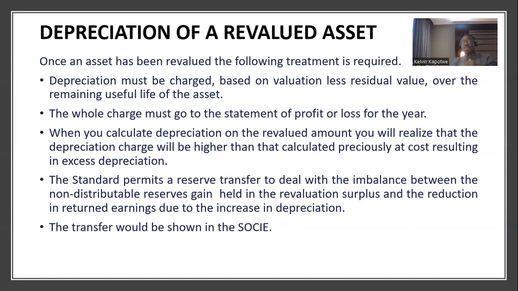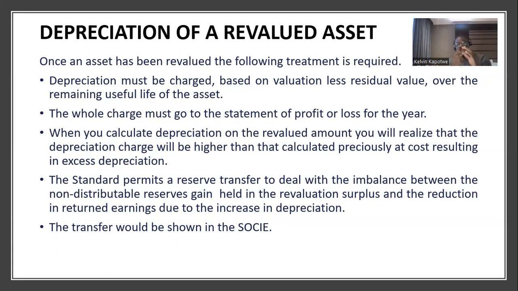As such, the standard permits a reserve transfer to deal with the imbalance between the non-distributable reserve gain held in the revaluation surplus and the reduction in retained earnings due to the increase in depreciation. So what this means is that you've revalued the asset, and you have restated depreciation. Remember, depreciation is posted to the P&L as what? As an expense.